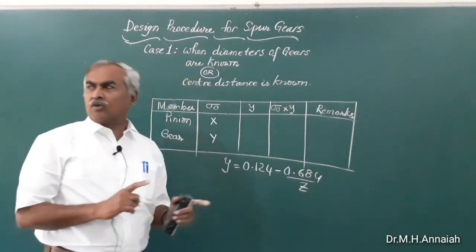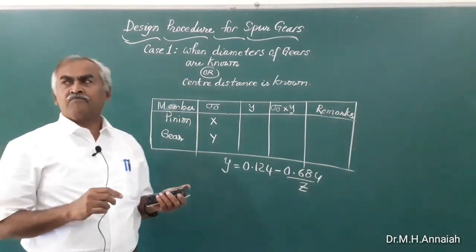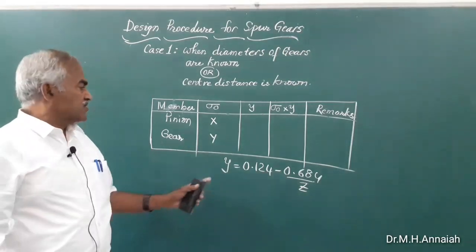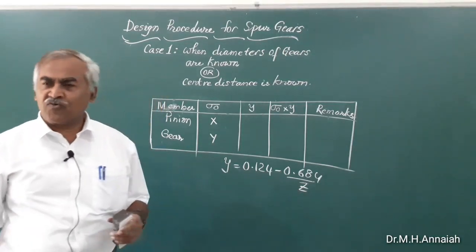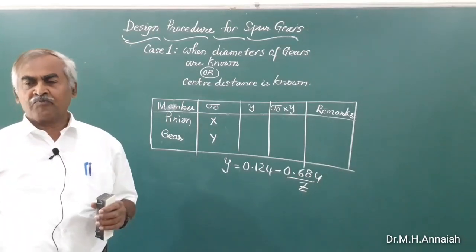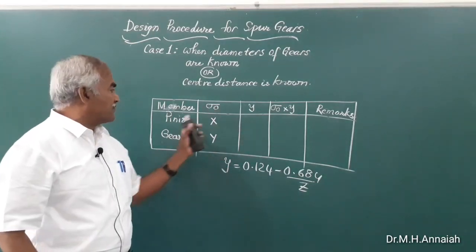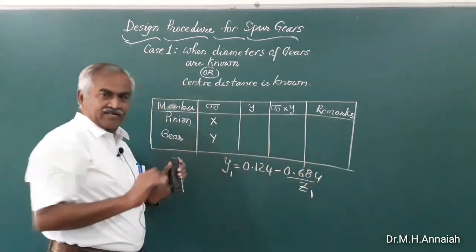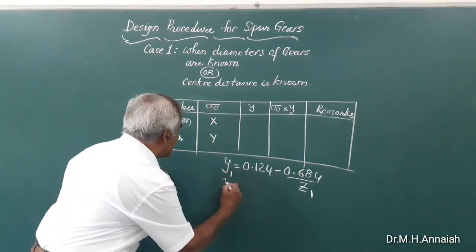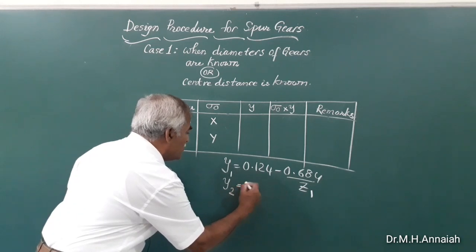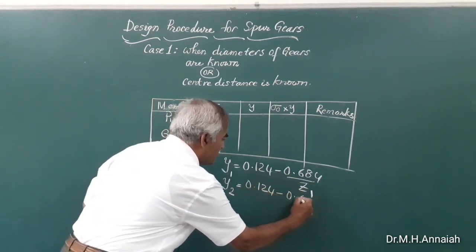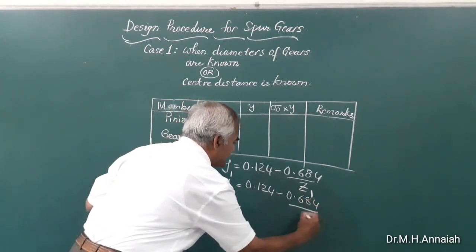It is the formula used for spur gears of 14.5 degrees involute profile, where z stands for the number of teeth. If you are finding Y for the pinion, I will call it Y1 and this will become z1. If you are finding it for the gear, this is Y2, same formula, 0.124 minus 0.684 by z2.